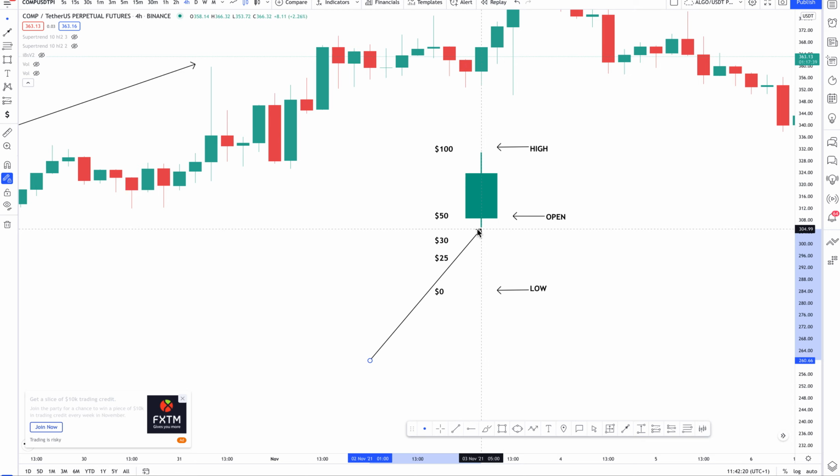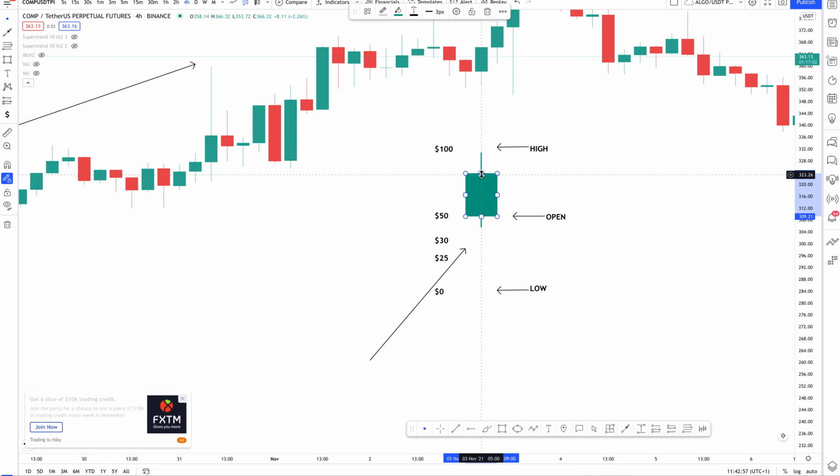So this lower wick was where price, after opening at $50, came down to $45, right? Now this lower wick here does not mean that this is where price opened at. No, this is not where price opened at. Price opened at $50, but in the course of time, maybe due to weak price movement, price came down to $45. Price came to $45 and went back up to where it opened at.